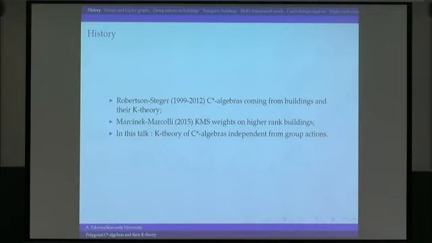But then what I almost accidentally discovered is that in some instances, for quite large classes of algebras, you can compute K-theory, and it turns out that it depends only on the structure of the building itself. It doesn't depend on the group anymore.